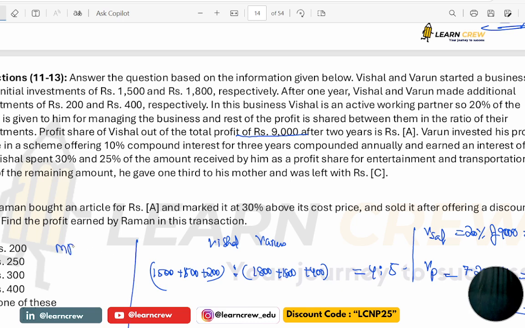The marked price would be 130% of 5,000, which is 6,500, and sold it offering a discount of 20%. Selling price on this 20% discount would be minus 1,300, which is 5,200. So profit would be how much? 200. So answer is 200.